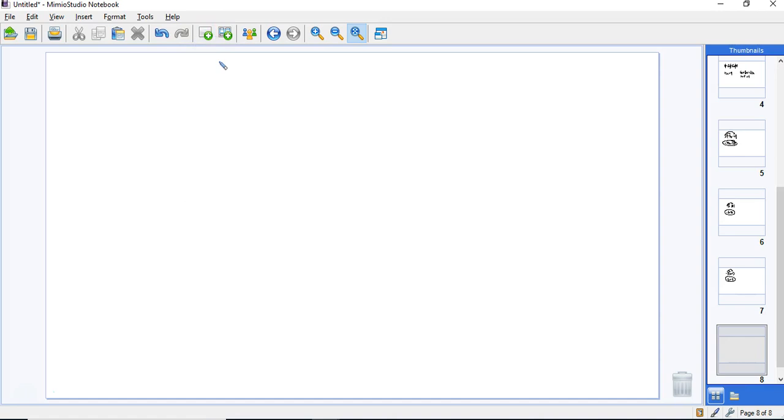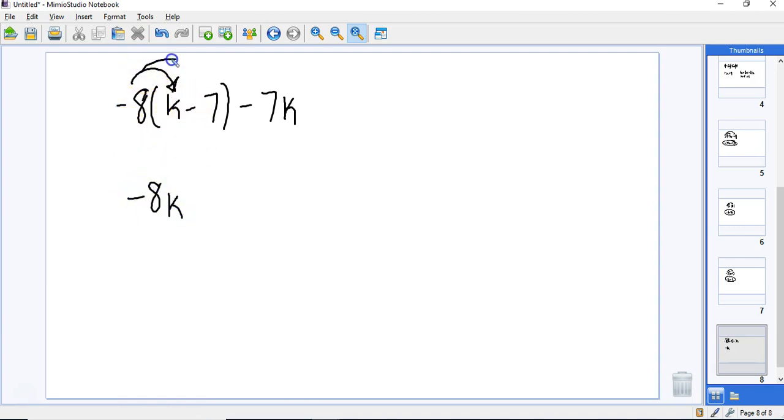Next problem. Getting a little tougher because it's adding more terms in. We've got -8, then parentheses k minus 7, then minus 7k. I'm going to distribute, and I get -8k, and then I distribute -8 to the -7. 8 times 7 is 56.